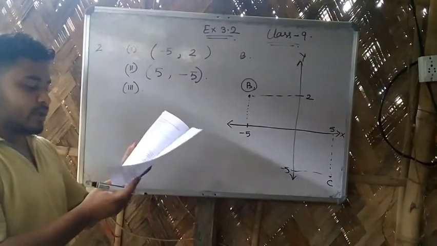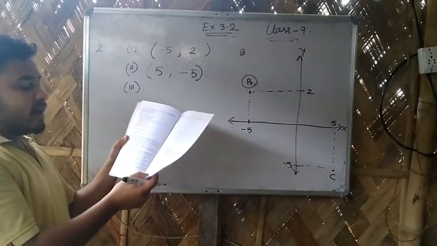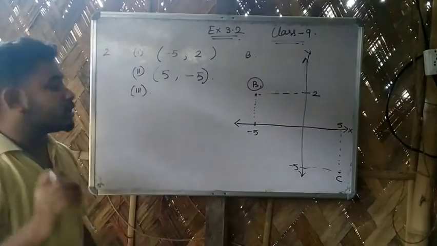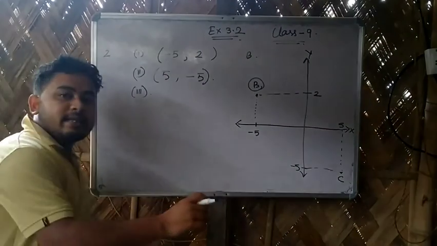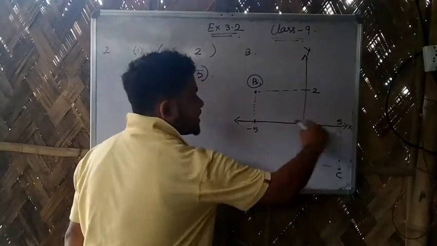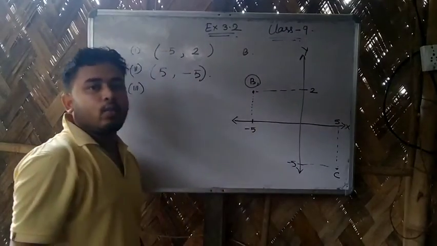Now question number 3. They ask for the point identified by the coordinates (-3, -5). Which point gives us -3 and -5? The first number is -3, that means it is in the x-axis. The second number is -5, that is in the y-axis.